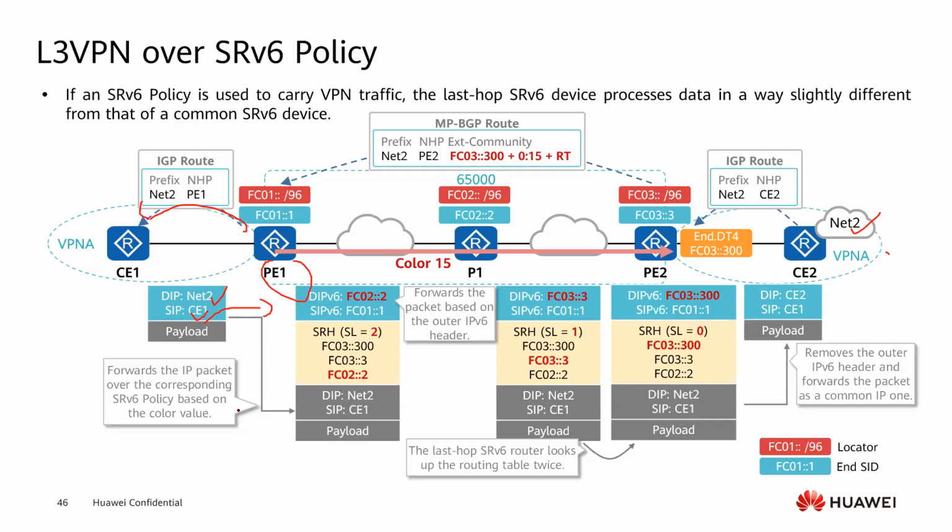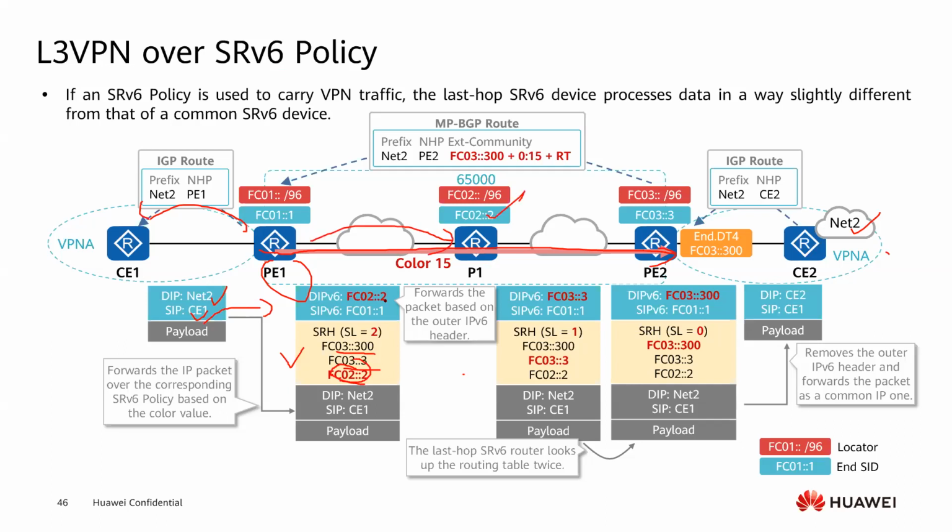P1, based on the routing table and the color, finds out it should forward based on this tunnel. So it will add the SRH. The header will be 02::2, 03::3, and 03::300. This can help us forward to P1 first.